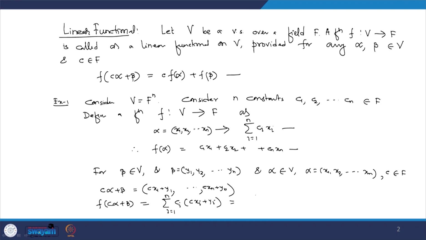So, this is equal to C times f of alpha plus f of beta. So, this implies that f is a linear functional.